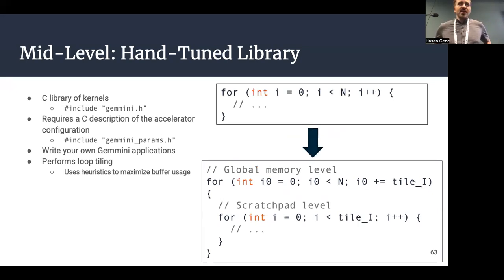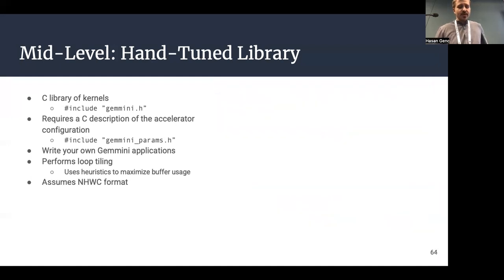Our hand-tuned library will perform automatic loop tiling if you don't want to pick your own tiling factors. You can also pick your own tiling factors if you're using a tool like COSA or some mathematical model to find ideal mapping tiling factors. But if you don't, at runtime, it can use quick heuristics to pick the right tiling factors to try to maximize buffer usage.